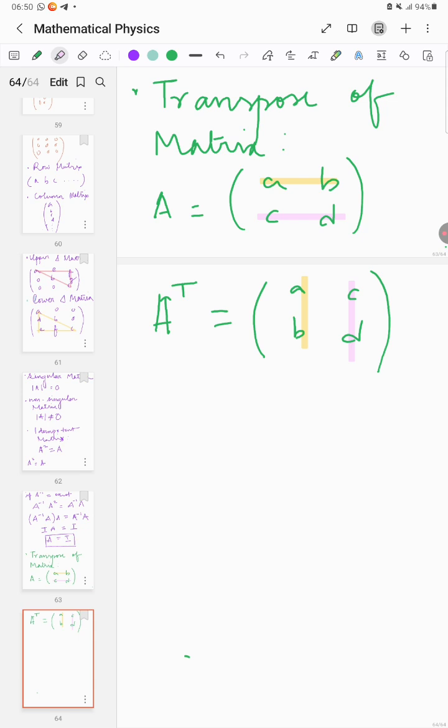So this is transpose, changing rows into columns and vice versa.